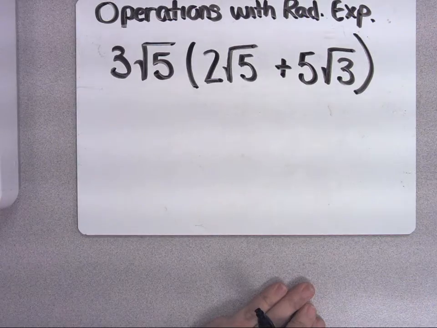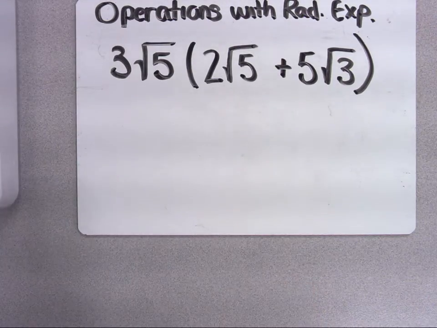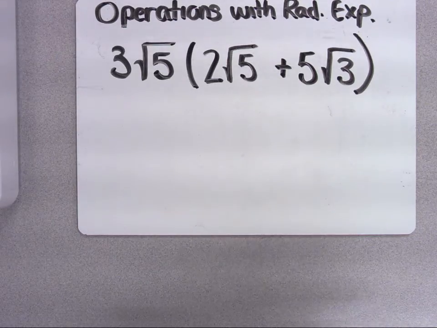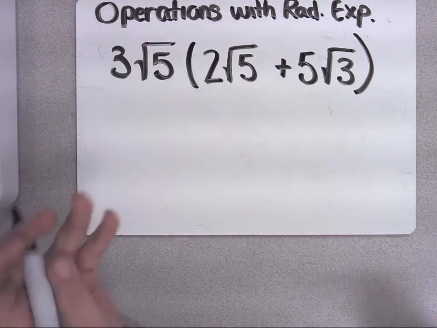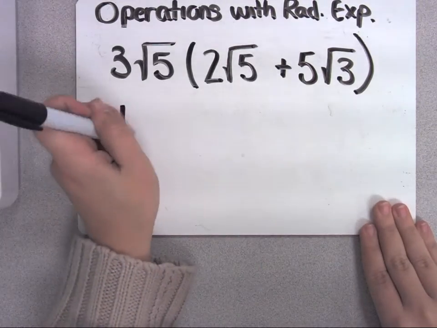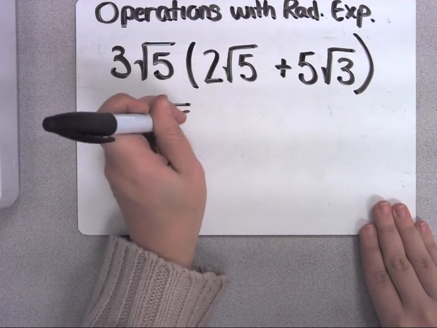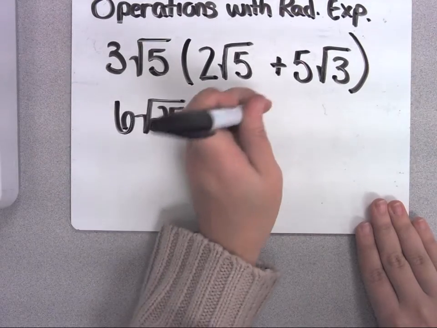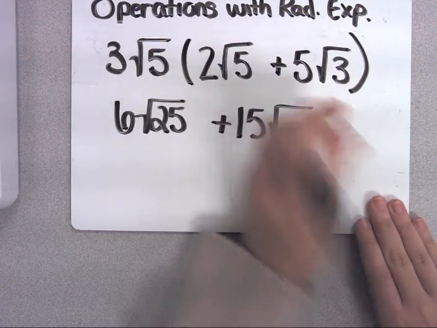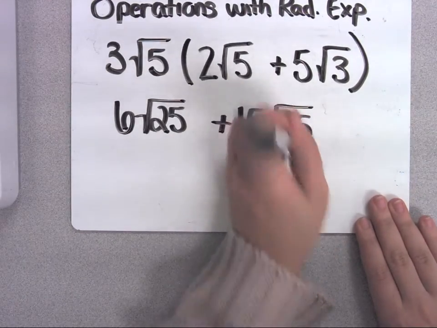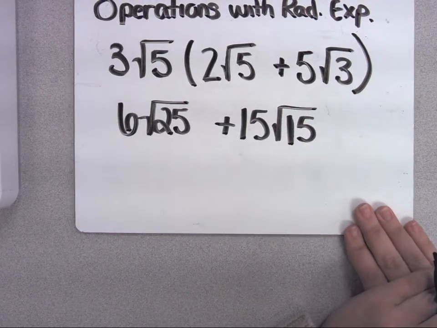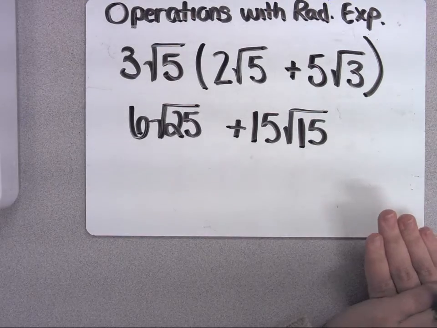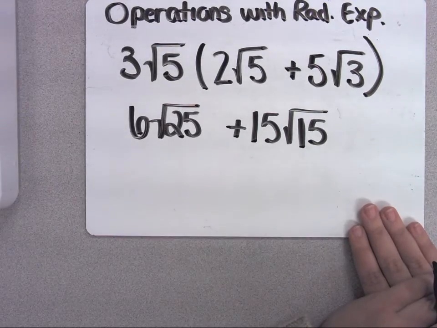Whole numbers times whole numbers, radical thingies times radical thingies, right? So when you distribute the first time, what are you going to get? 6 square root 25, and then plus what? Yeah, 15 square root 15. That was real weird, isn't it? Then once you're done, you take a little eyeball check and go, can I simplify any of this? Yep, what can I simplify, Kimberoon?